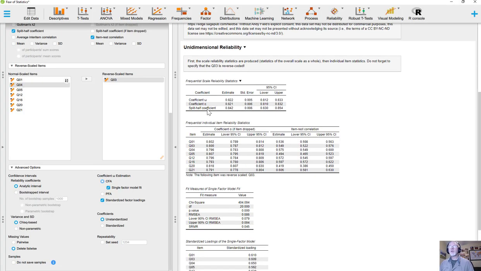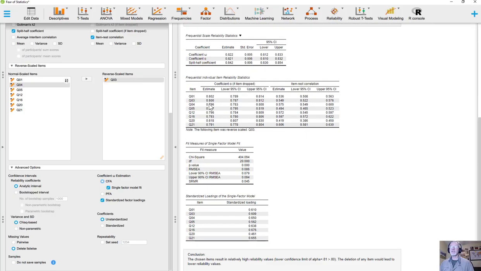Coefficient alpha basically assumes what is called tau equivalence. Tau equivalence is the idea that all of the factor loadings are very much equal, or at least approximately equal. Now, these are the standardized loadings, but it will do.